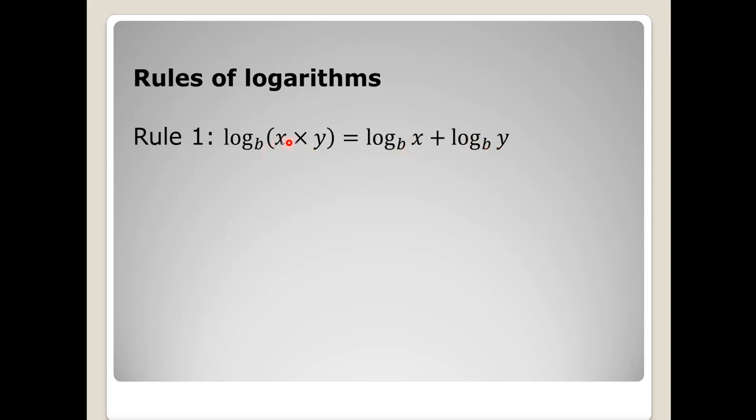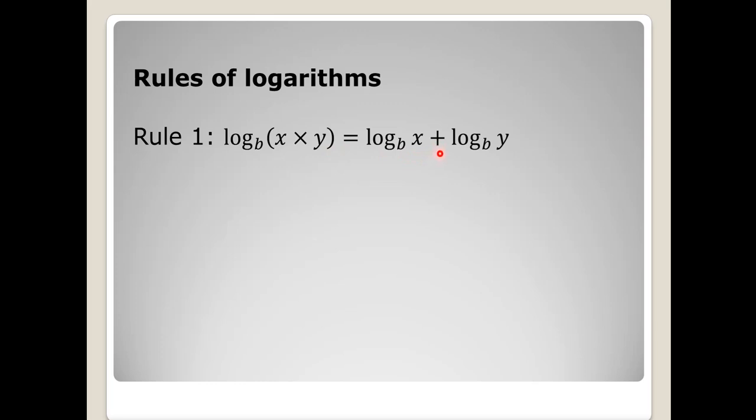So here, inside the log we have two numbers multiplied by each other, x and y. So we can separate these two numbers by calculating the log of the first number, that is x, plus the log of the second number, that is y. Be careful here of the plus sign, addition here.